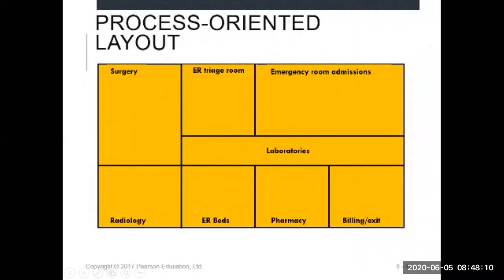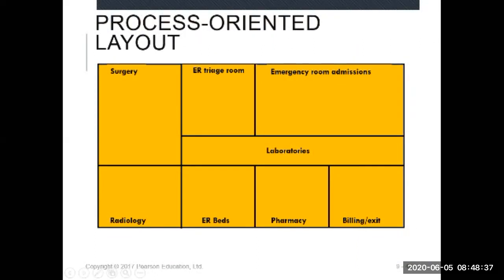So the surgery department you put in one area, with different types of surgery but all in the one department. Then the triage room, emergency room, and laboratories each in one area. The lab has different types of tests to do, but you still put them in one area, one process.